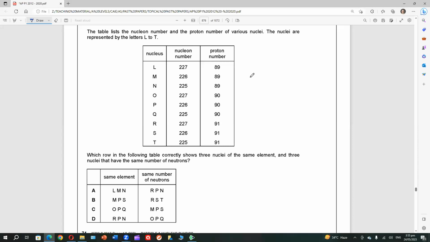3 nuclei have the same number of neutrons. So we have to subtract for neutrons.